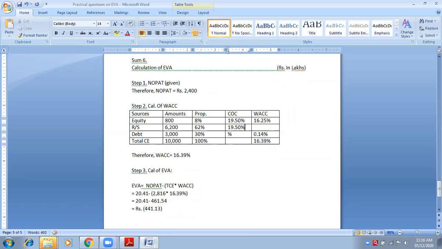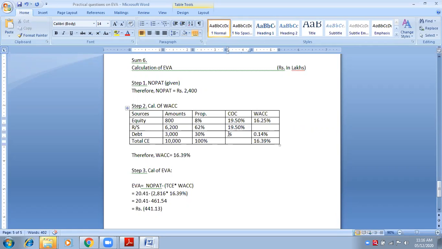19.50. If the cost of retained earnings, the cost of reserves and surplus is not given separately, you have to consider it same as equity. How much is of equity? 19.50. It will be same for reserves and surplus because separately it is not given.